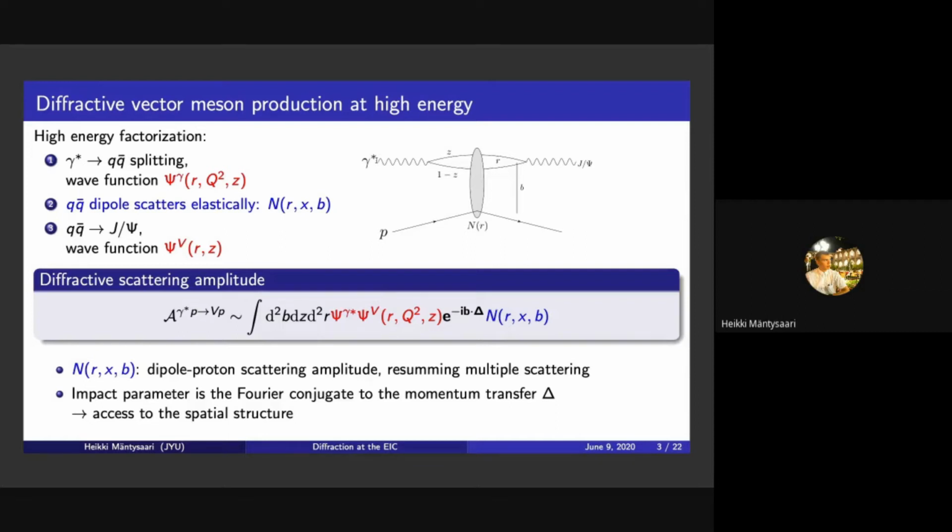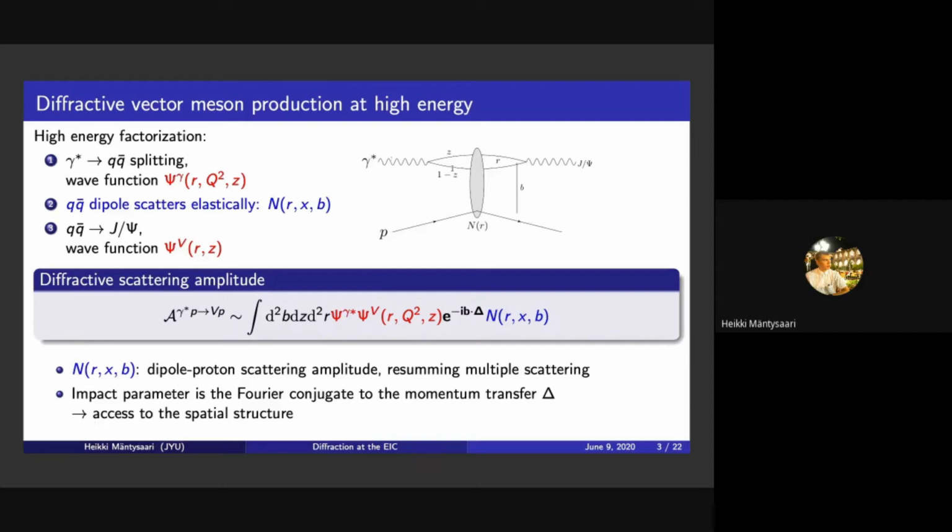It's a simple prefactor in the calculations, and then we consider virtual photon proton scattering, or the target could be a nucleus. At high energies, this is conveniently factorized such that first the incoming photon splits to a dipole. This is a QED process. You can compute that quite straightforwardly, and so you calculate the photon wave function, which describes photon to dipole splitting.